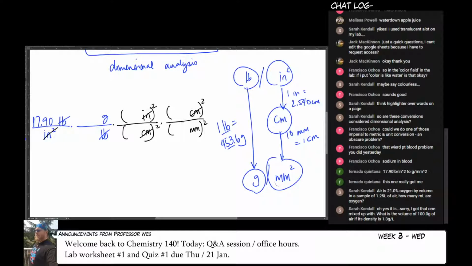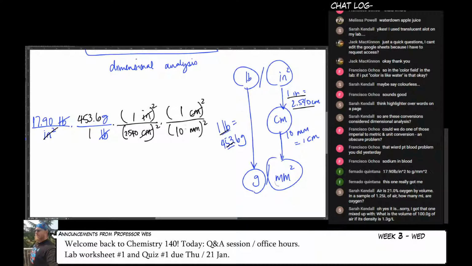And now you just fill in the numbers. So 1 pound was 453.6 grams. 1 inch was 2.540 centimeters. So that's good. And then there were 10 millimeters in the centimeter. Again, I'm just doing that because that's a really trivial conversion.